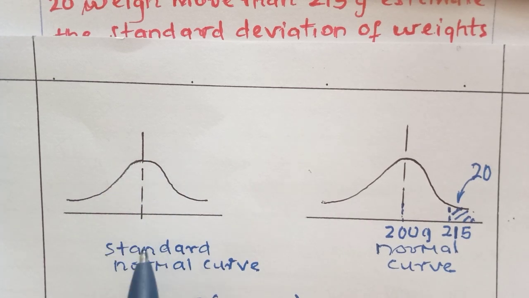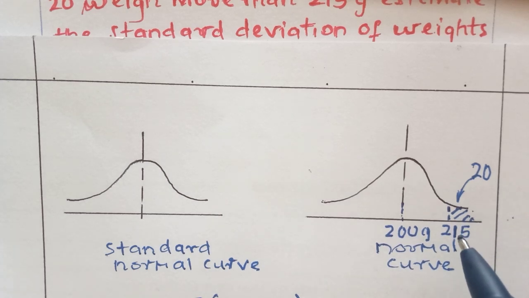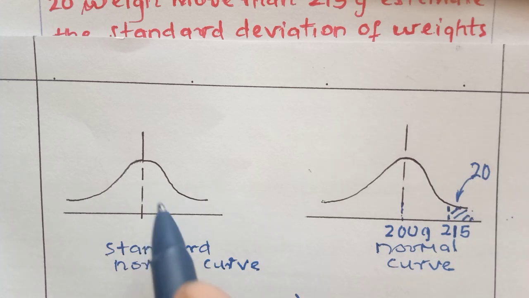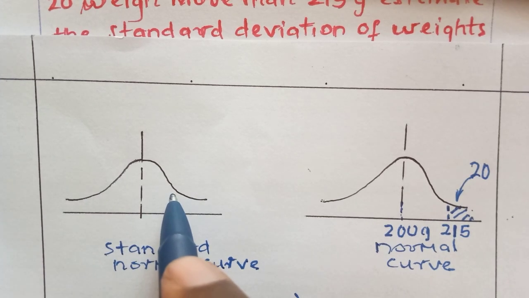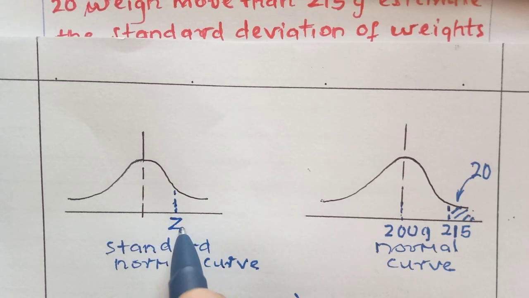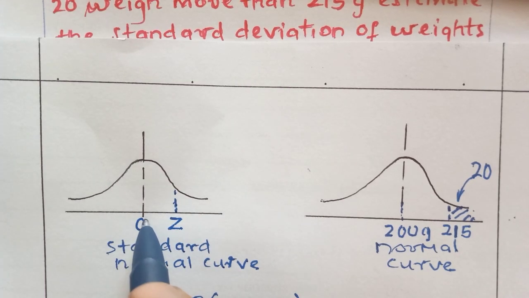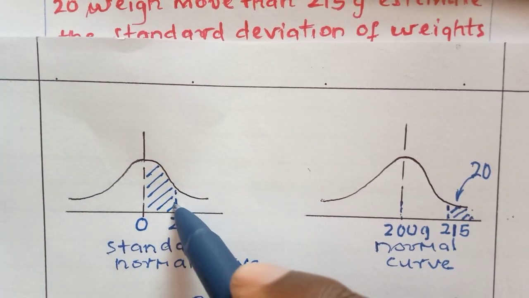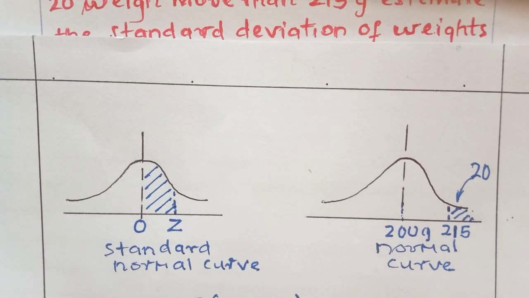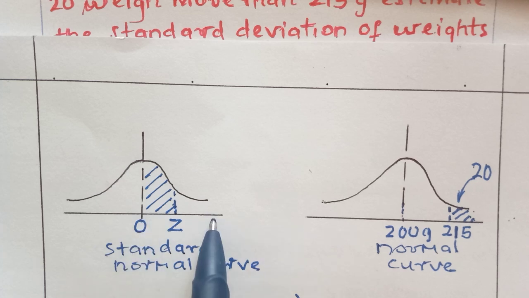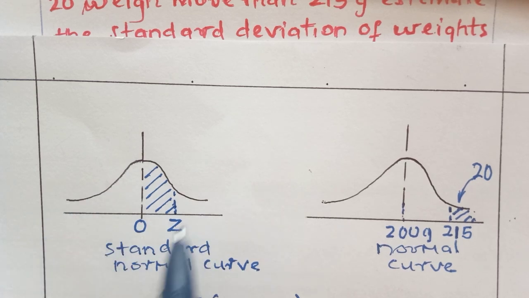For us to get the standardized form, that is Z, we need the probability from 0 to Z. From the standard normal curve, this side is 0.5, because the whole of it is 1, and this side is 0.5.